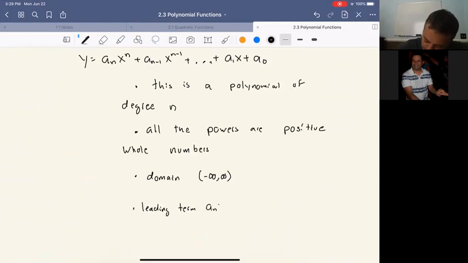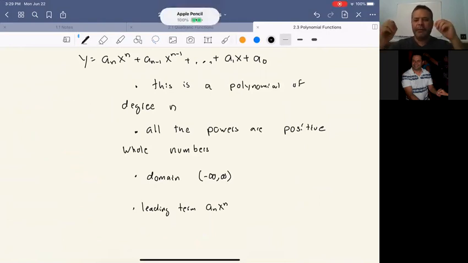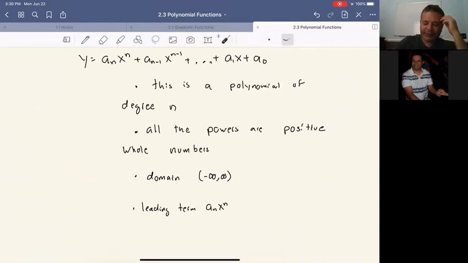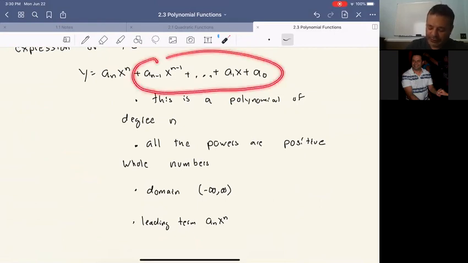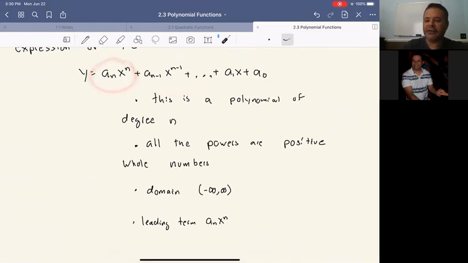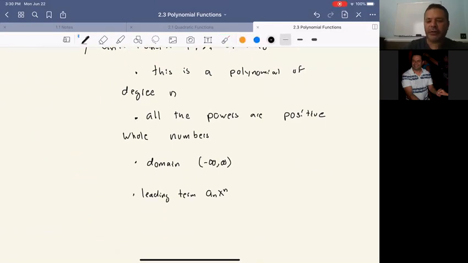What you want to think about is, as x gets really big, either really big negative or really big positive, this term is going to dominate over everything else. So eventually, you wouldn't even see all this other stuff. So that's what we're talking about when we say the leading term. And the leading term determines what we call the end behavior.